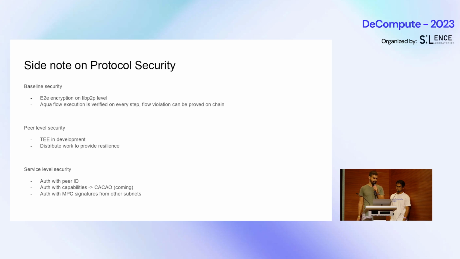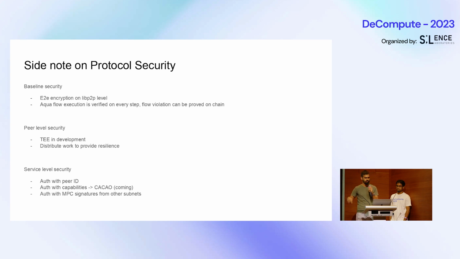For the peer level security, we have TEE in development. That means that right now the shares are stored in the open form in the file system, but we are working on TEE. And to provide resilience, you need to distribute work. If you have sensitive data and you do not want to lose it, it's better to have a subnet. That's why the unit of deployment is a subnet, not just one peer, one service.